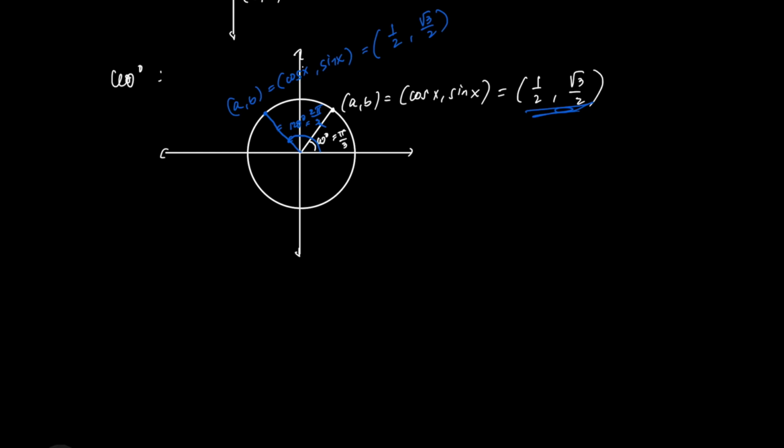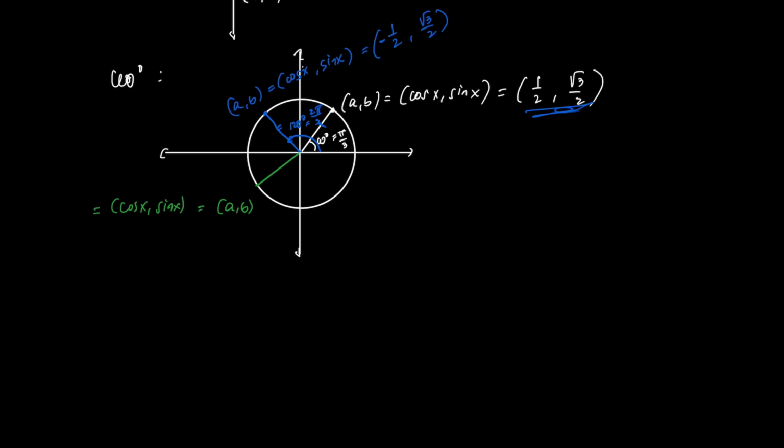Now the question in the second quadrant, what is the sign of cosine? It's negative. Okay, and what is the sign of sine? That's positive. Okay, next, this one here. This is our point AB, and that point AB here is cosine x, sine x.